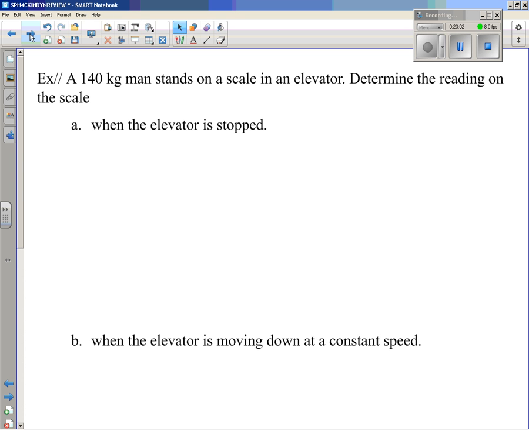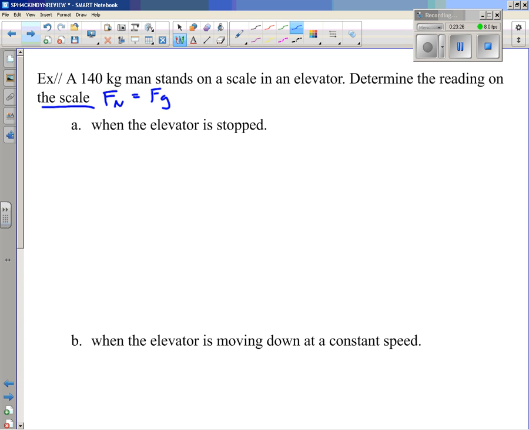Here's this one here. A 140 kilogram man stands on a scale in an elevator. What's the scale reading going to be in these various scenarios? Well, first of all, the reading on the scale is the normal force. So we're always trying to find the normal force. And I said in this class, for the most part, normal force will equal the force of gravity.